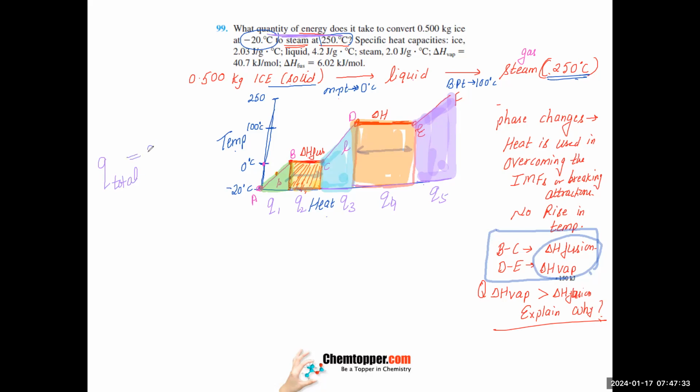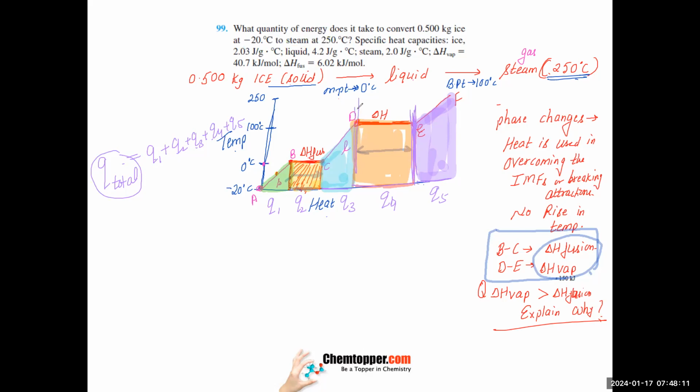Q total is Q1 plus Q2 plus Q3 plus Q4 plus Q5. If I know all of them, I know Q total and my question will be answered. Please read the question again if you have any doubt. This is one extensive, complete question. But in the exam, they break down the question into simpler parts. Like they will ask up to here.